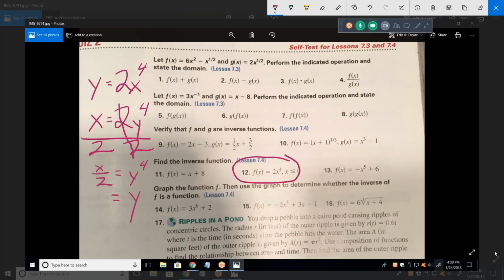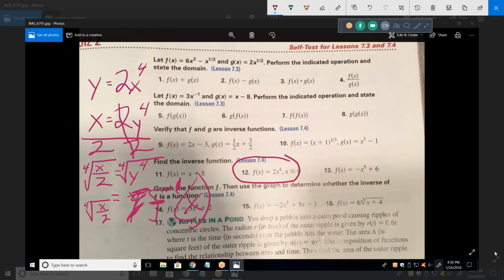Okay, so if I take the 4th root of each side, you could write that like that, then the answer is the 4th root of x over 2. And I'm not going to call that y. That is my final answer. I'm going to call that f inverse of x. Because that's what it is, f inverse of x.